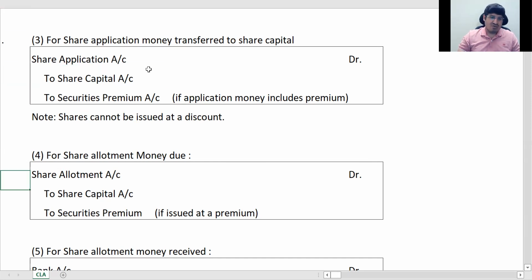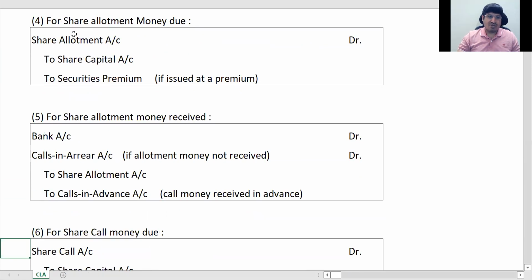So let's see. For application, your money was first received because you did not know how many people are going to subscribe to the issue, correct? Which is why the cash received entry is first. But now after application, you have the due dates. So the due entries will be first now going forward.